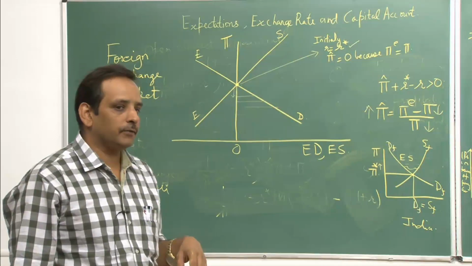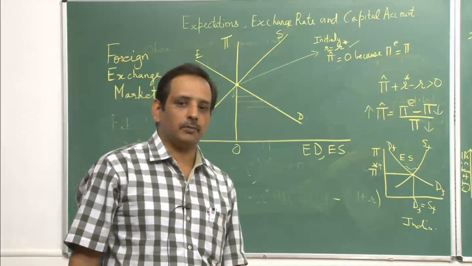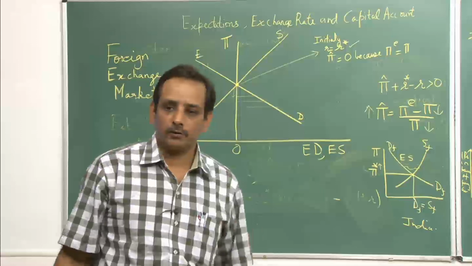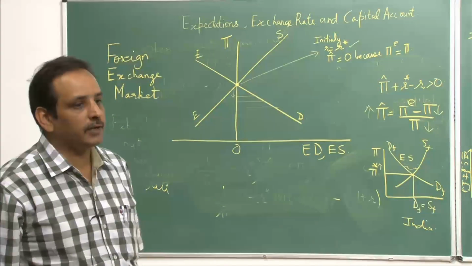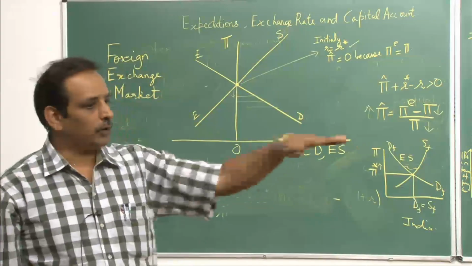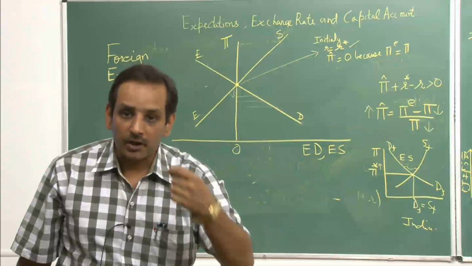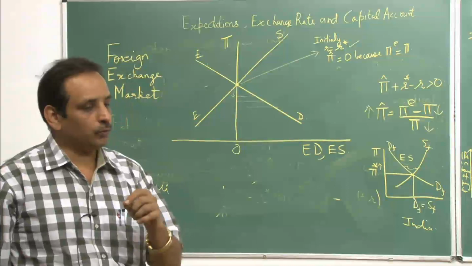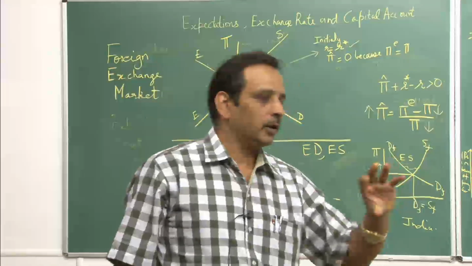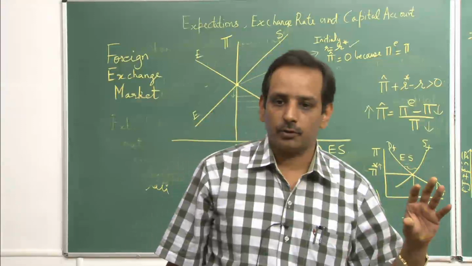What would have happened if you had completely switched out from domestic to foreign bonds? What would have been the shape of the ED curve? It would have been a horizontal line. But because you are risk averse, you do not consider domestic and foreign bonds as perfectly substitutable.